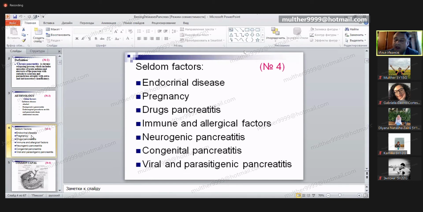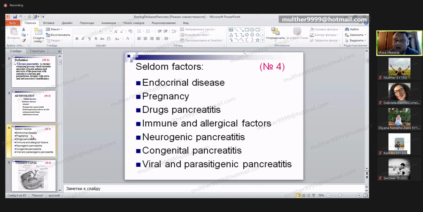Congenital pancreatitis usually is the childhood problem for the childhood surgery, but sometimes we can find these patients, and the main problem is the process like the acute sclerotic cholangitis.